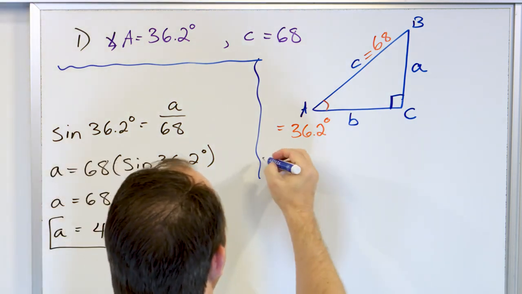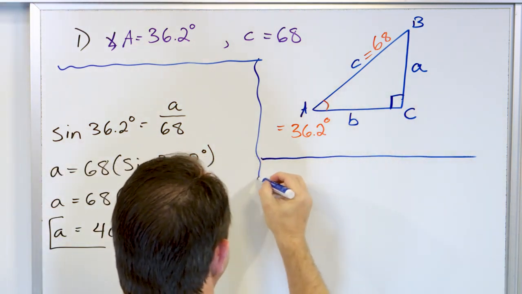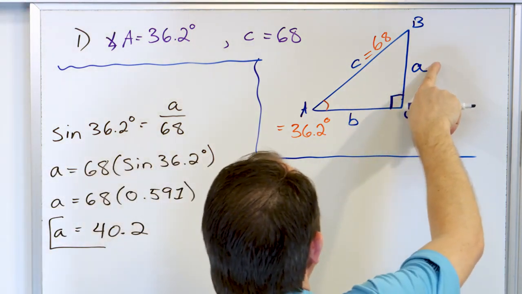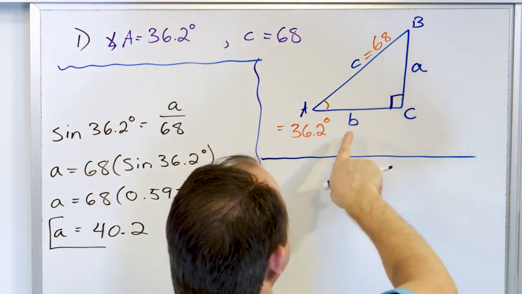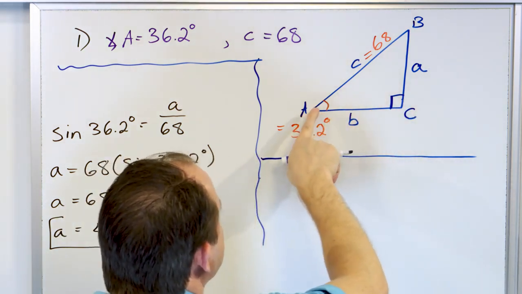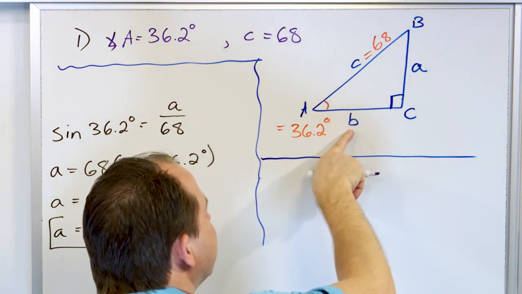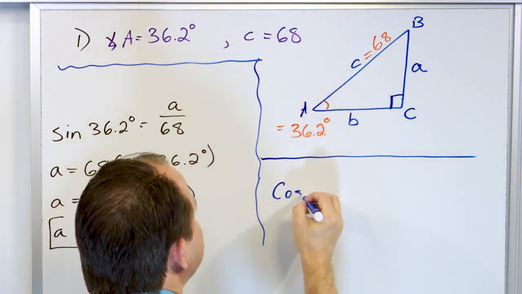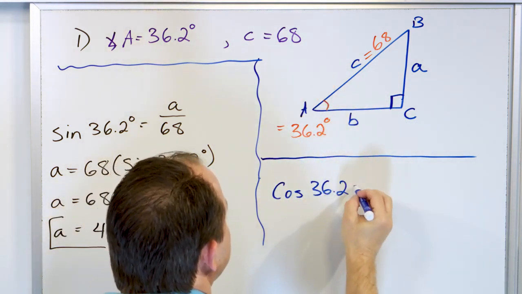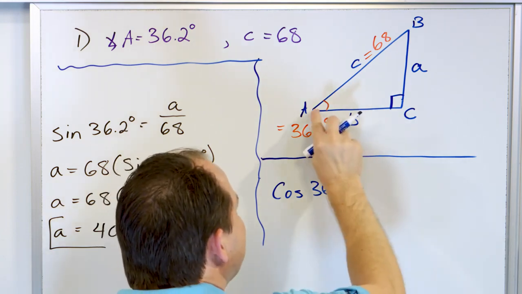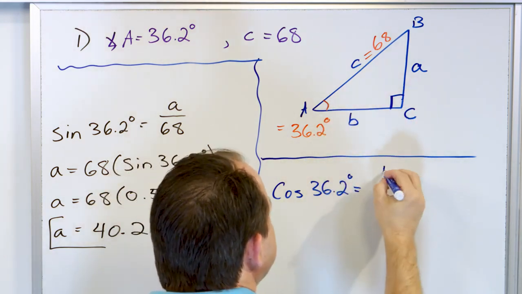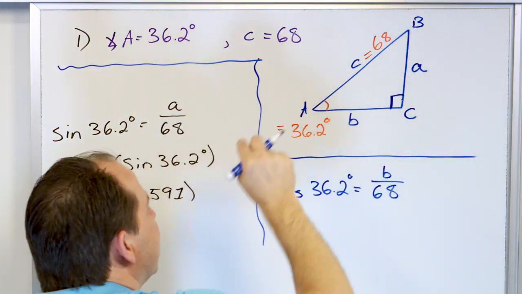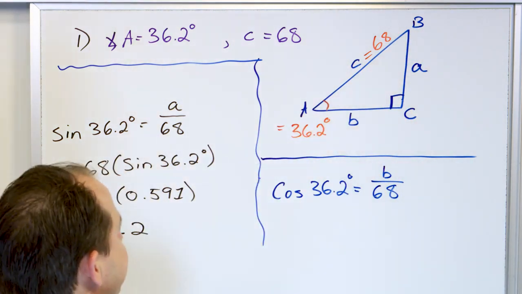Now, let's take a look at what else we can solve for immediately. All right, well, we now know that this side is 40.2. How do we find the length of side B? Notice that the cosine involves the adjacent side, and we already know the hypotenuse, so we can write down right away that the cosine of 36.2 degrees is equal to the adjacent side of this angle, B, over its hypotenuse, which is 68. So because we were given the hypotenuse and we were given this angle, we can find A and B right away.